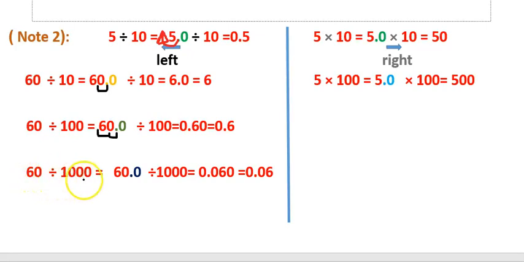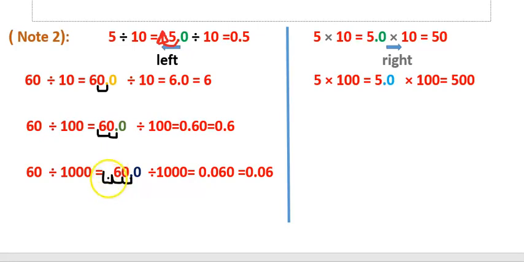60 divided by 1000. I know 60 has a decimal point to the right side, and that's at 0. If I count 1, 2, 3, 1000 has 3 zeros, so I move the decimal point 3 places to the left. 1, 2, 3. So now I have 0, I have 6, and in this place I will put 0.